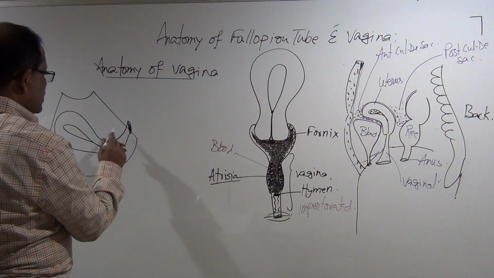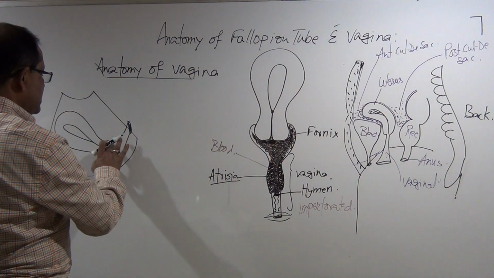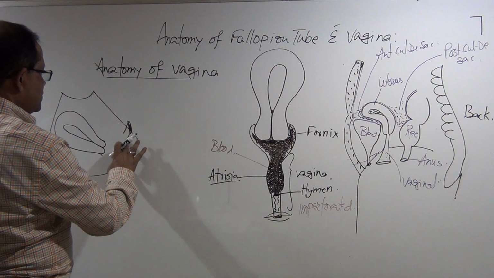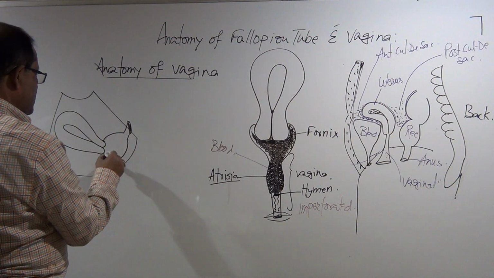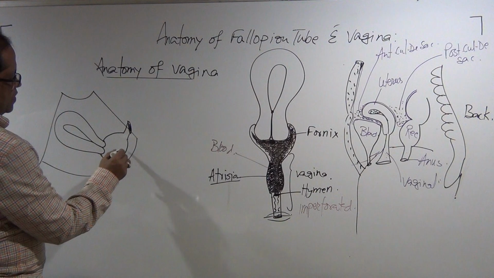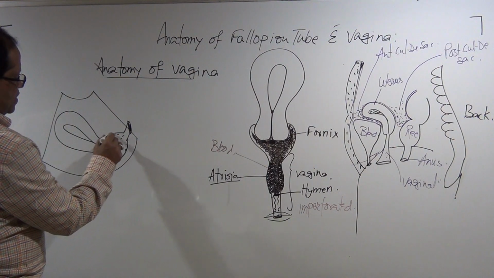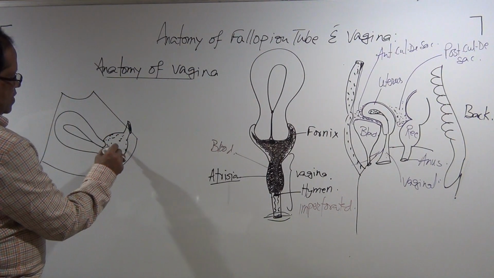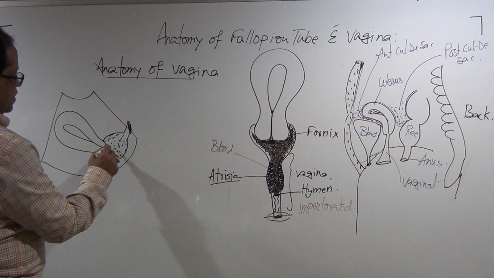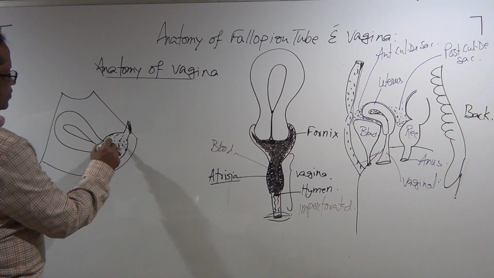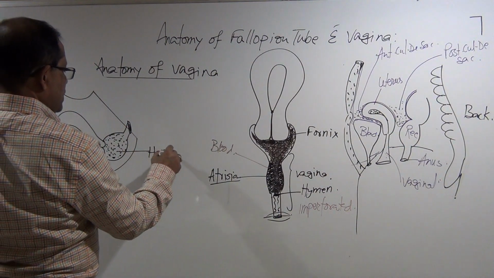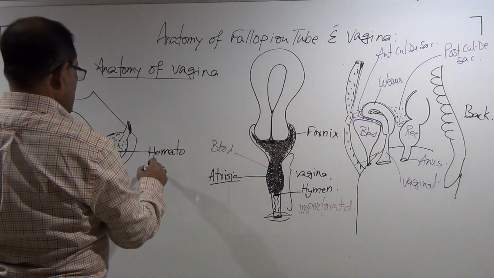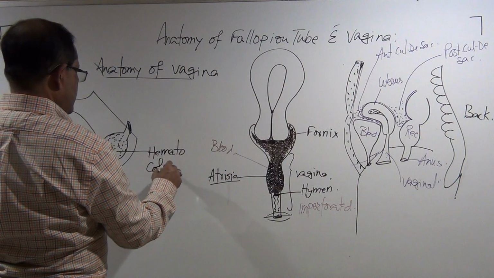Then you will see sonographically there is a fluid collection. Okay, this is the blood, completely anechoic. So this is hematocolpos.